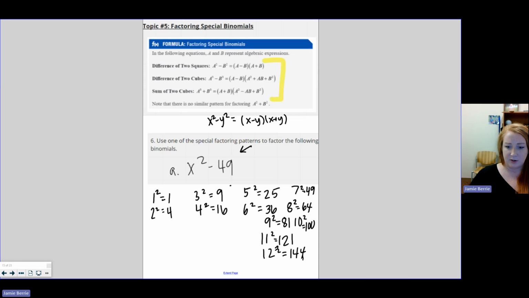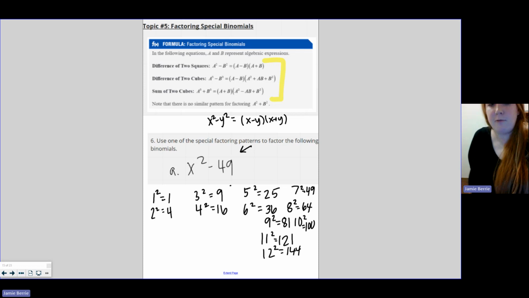And don't be like me, write neater so you can tell that the 2 is in the exponent. Keep it as neat as possible. Those are our first few perfect squares. If you know further than that, that's great. That might be even more helpful if you have all of those memorized.